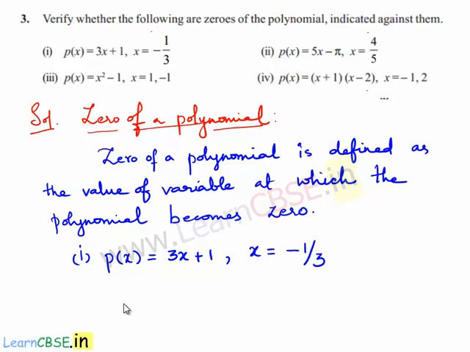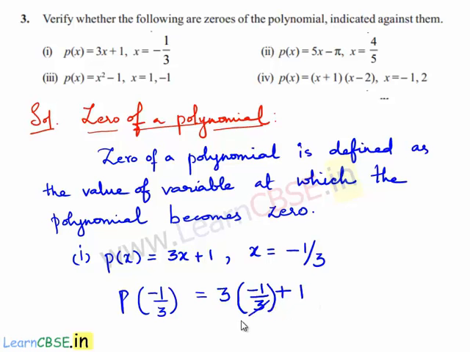So let us substitute the value of minus 1 by 3 in the place of x, which is P of minus 1 by 3 is equal to 3 times of minus 1 by 3 plus 1.